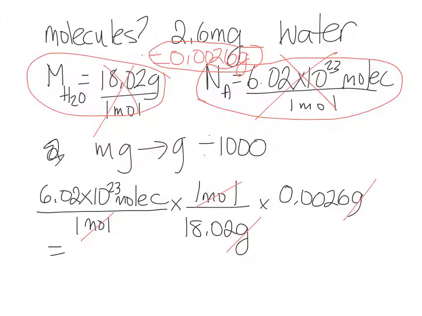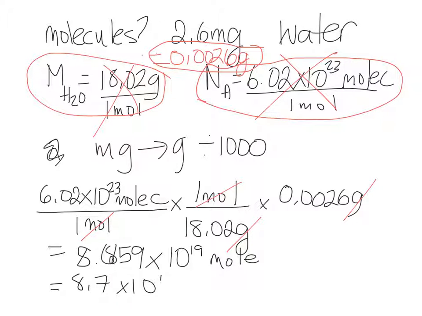So you multiply any number that's at the top, you divide by each number on the bottom. That's the number of molecules. And again, 2.6 has 2 sig figs. So our final answer is 8.7 times 10 to the 19 molecules.